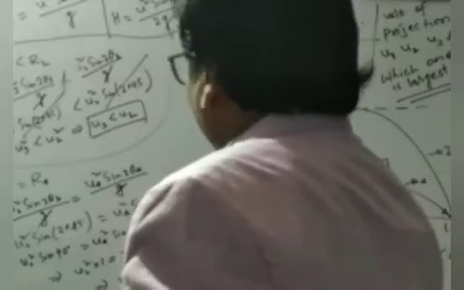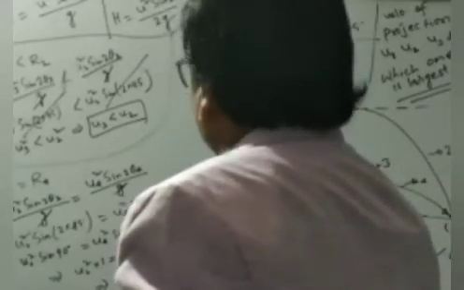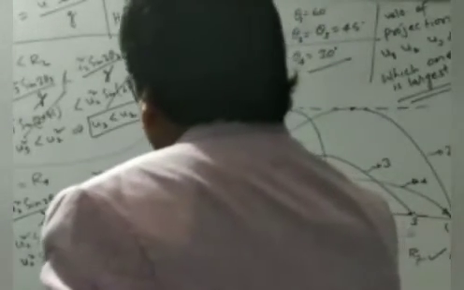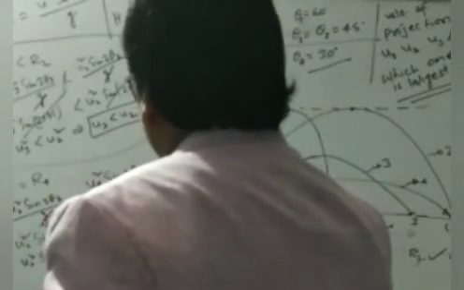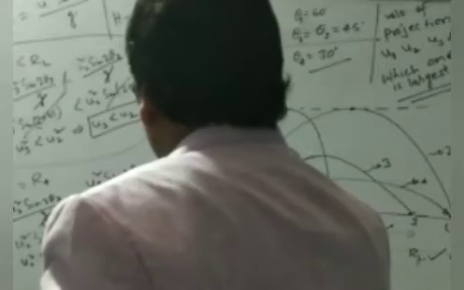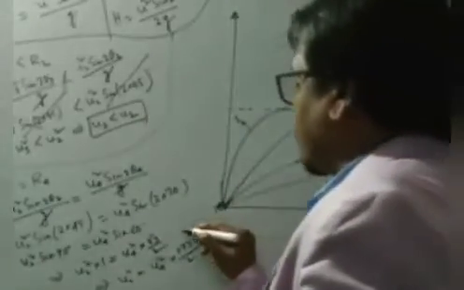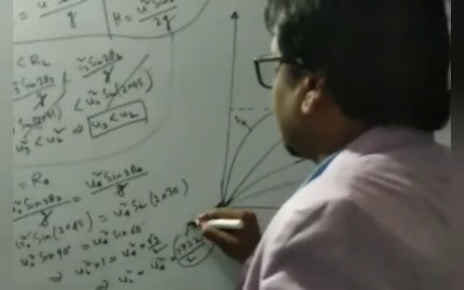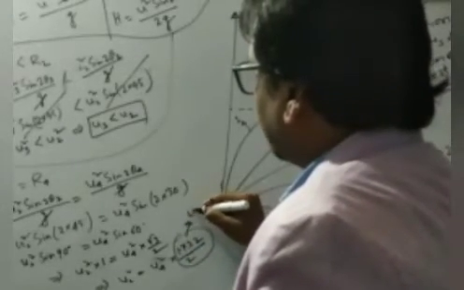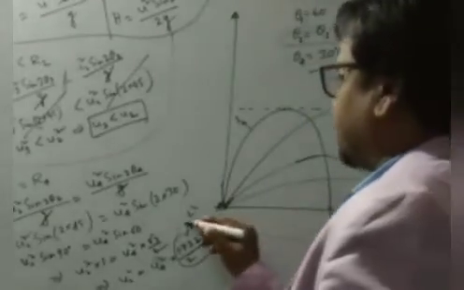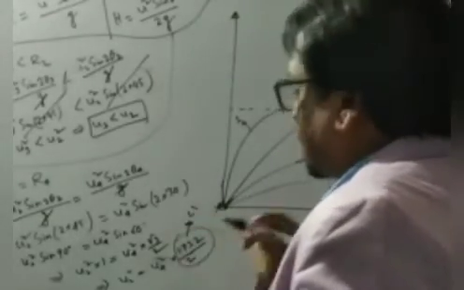Just write down the value of root 3 also, then you will find more clarity. This is 1.732 by 2, so this quantity is less than 1. So overall this quantity is less than 1.